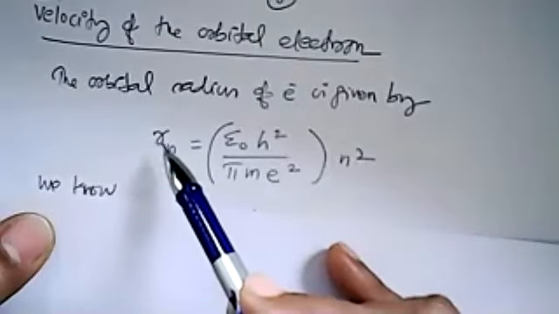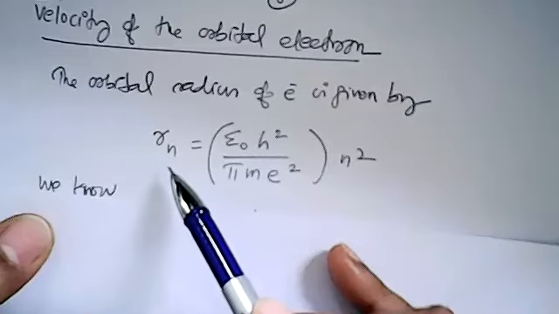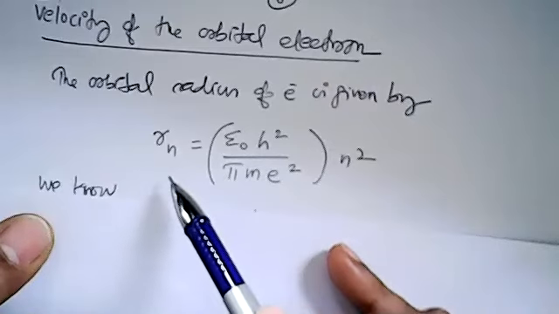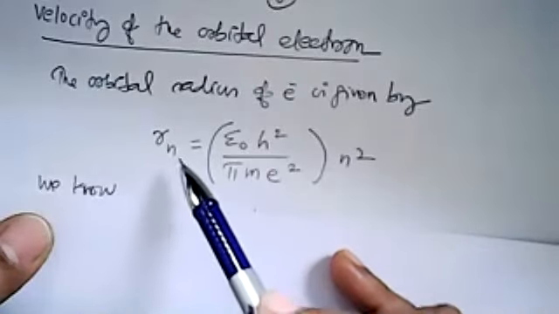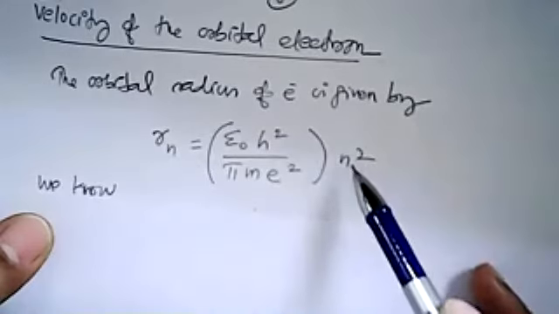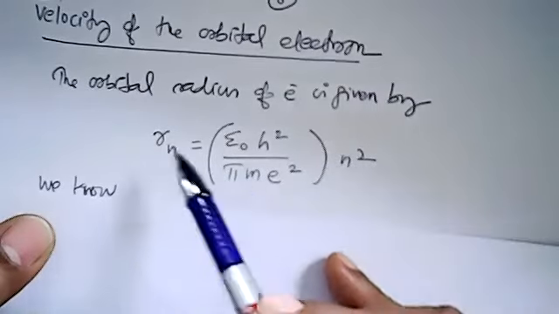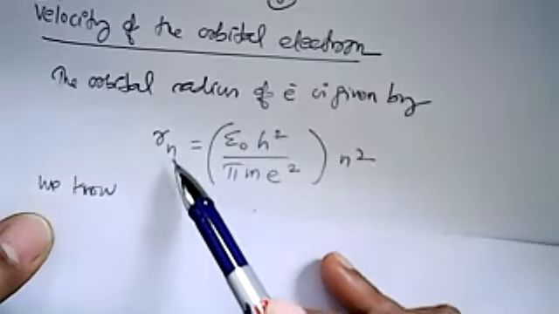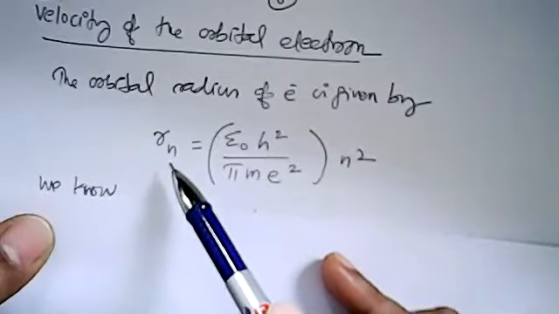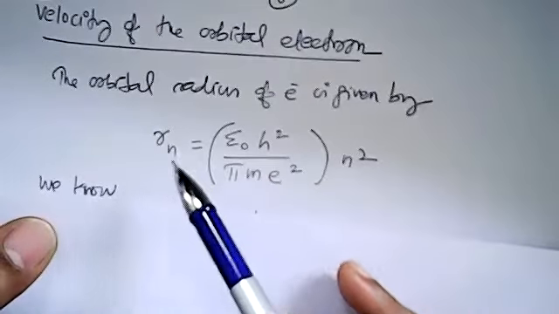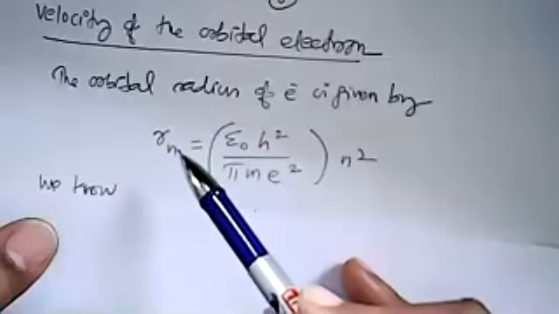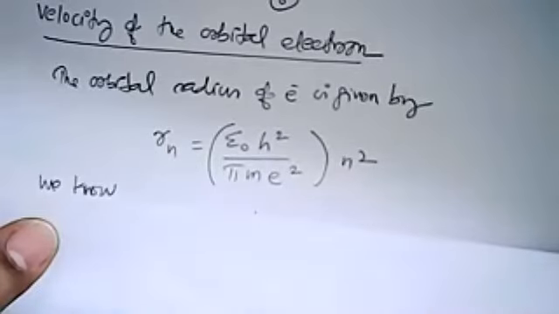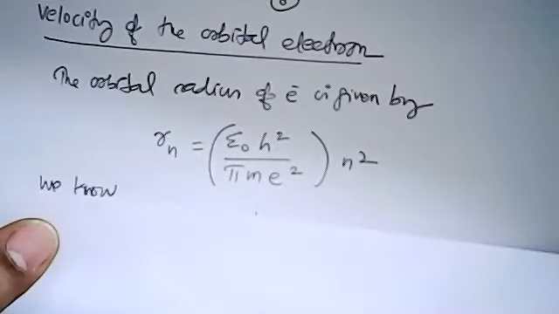Now we call this radius Rn, because R depends on n. Rn means the radius of the nth orbit, because as n changes, the radius changes.